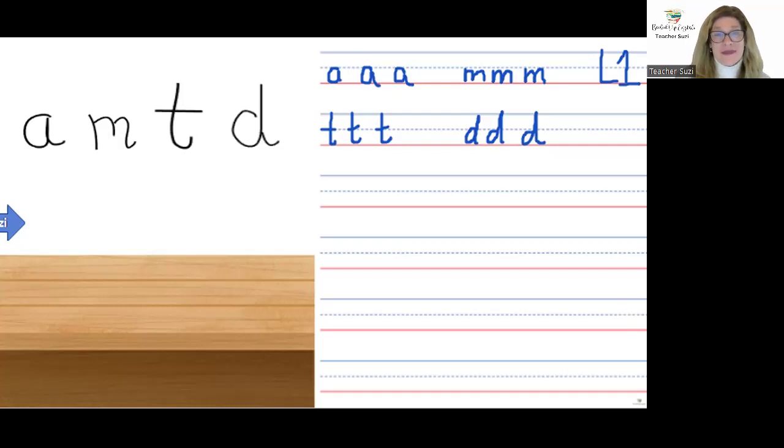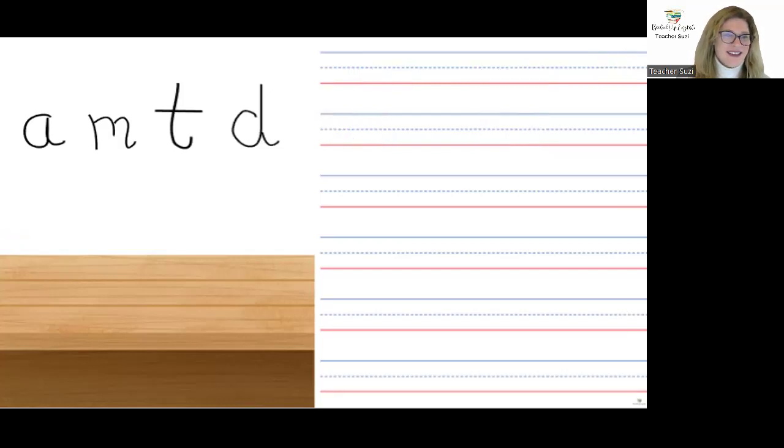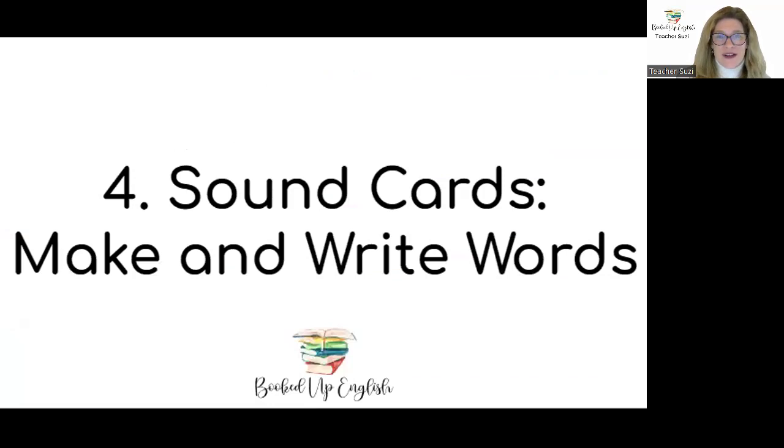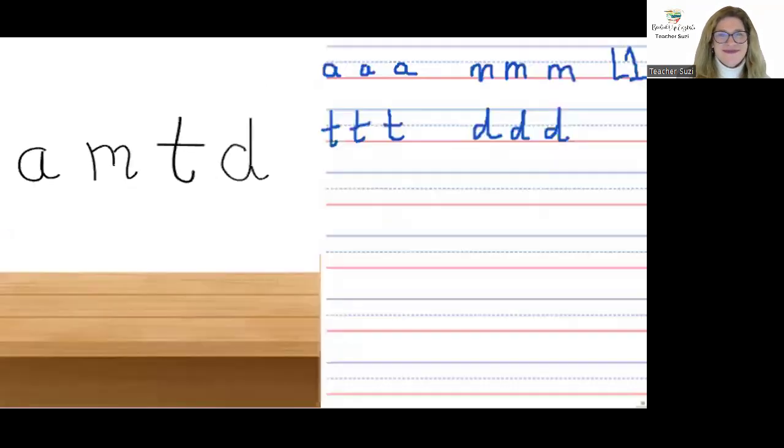Once students have completed this step, we're ready to put it together to make words. We'll use the sound cards to make and write words. Notice I'm continuing on that same notebook paper. The teacher will say target words listed on the lesson plan.